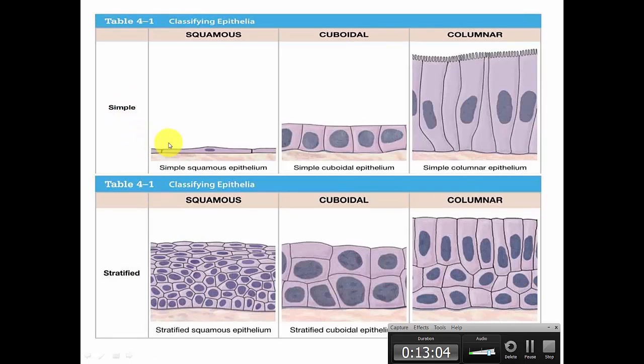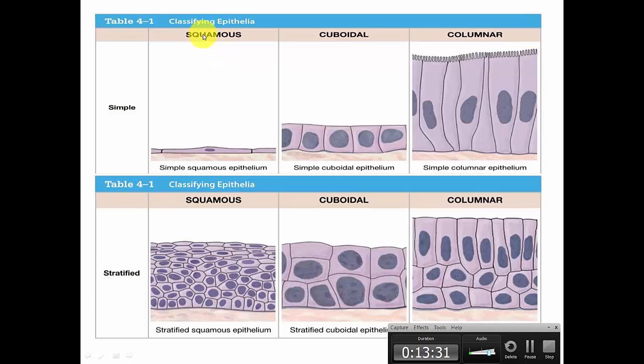These all are simple epithelia. What does simple mean? Simple means one layer. These all are stratified epithelia, meaning that they have more than one strata, or more than one layer. So this is the first name for the epithelium.